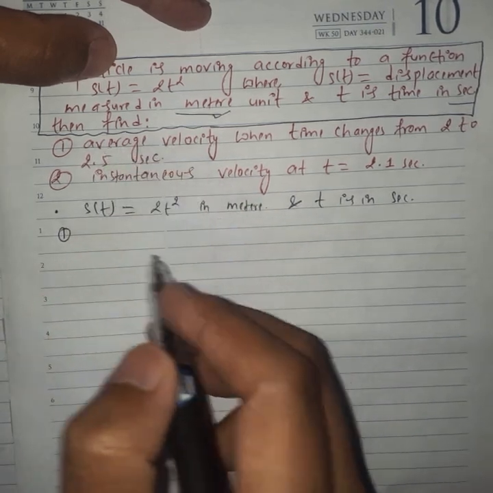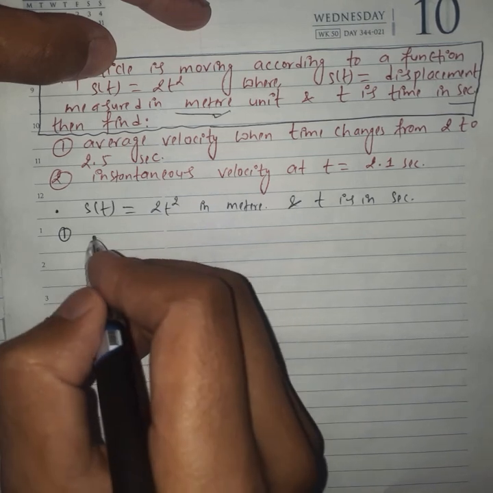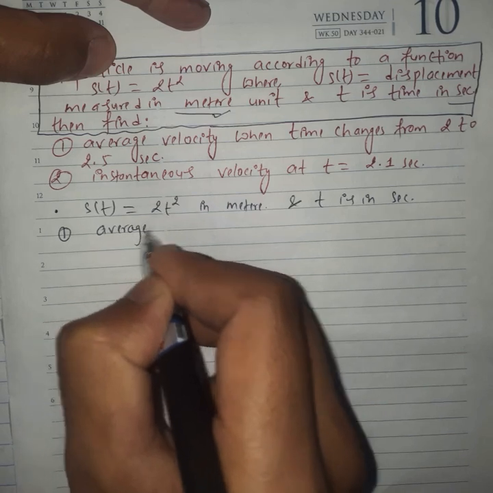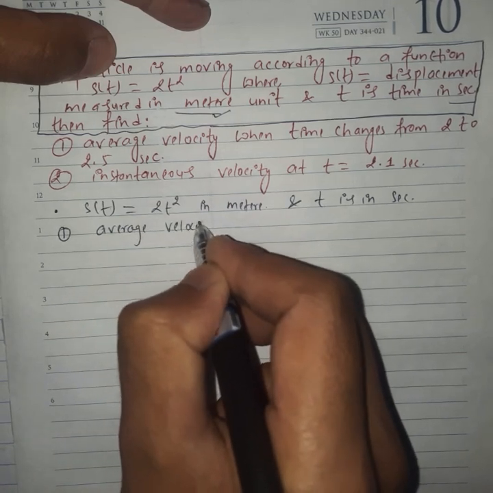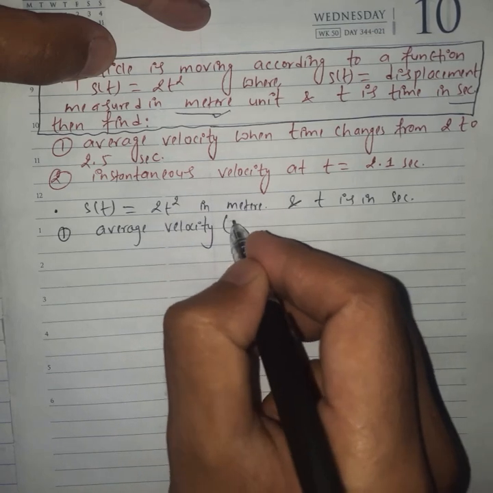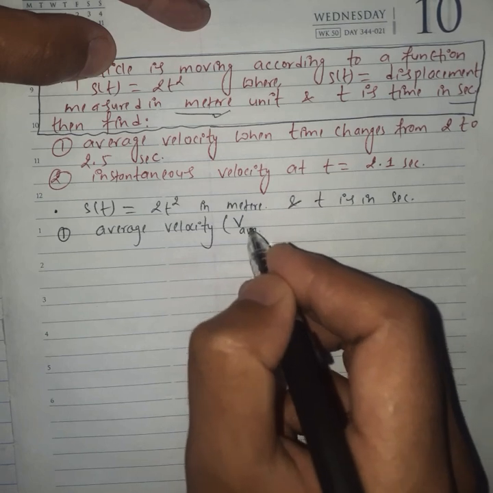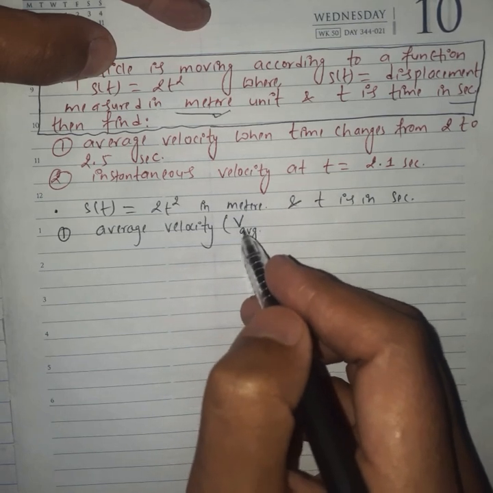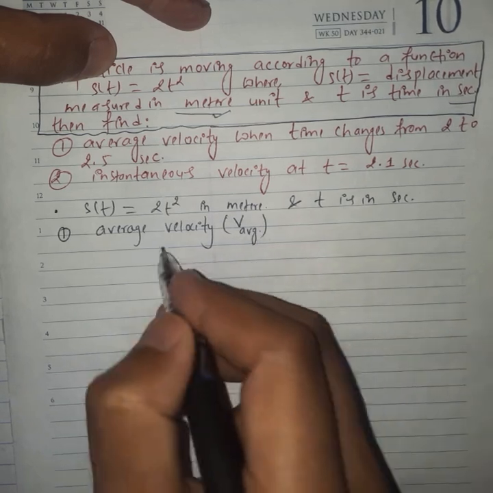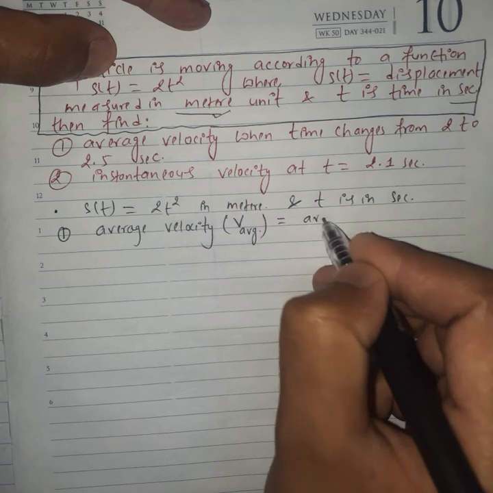Let's take question number 1. Here is the term average velocity. Let's first define what the average velocity is. The average velocity is generally represented by v with avg in the subscript.